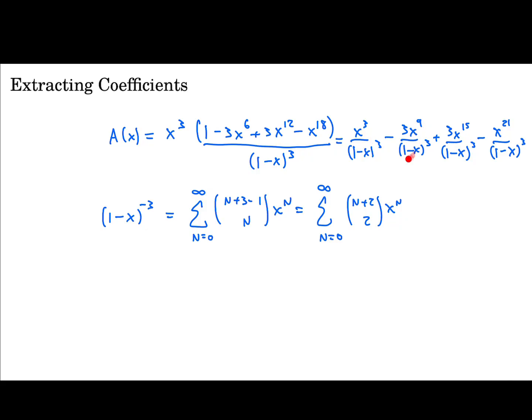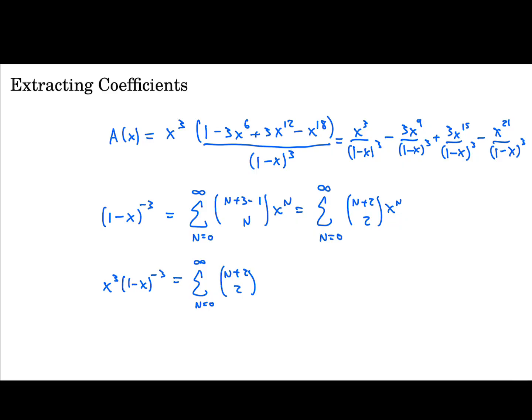All of these. So this one here, if you multiply by x cubed, 1 minus x to the minus 3, what you'll get is the summation for n equal to 0 to infinity of n plus 2 choose 2.